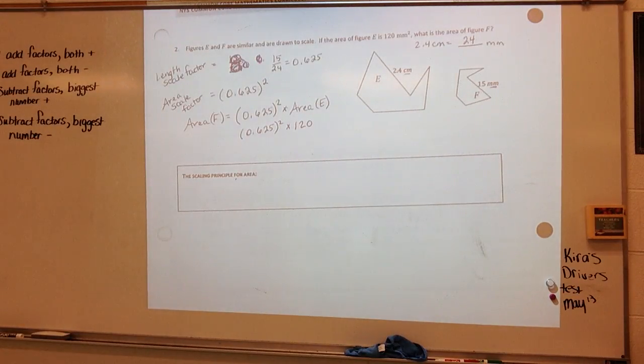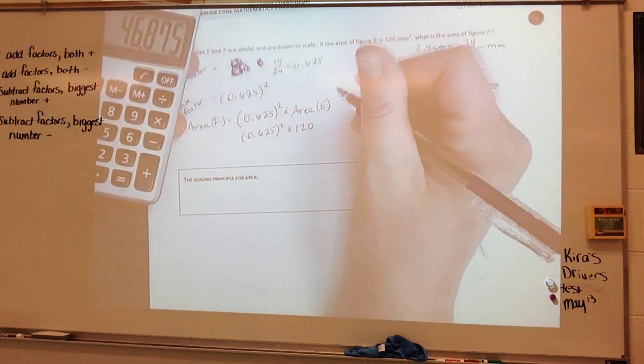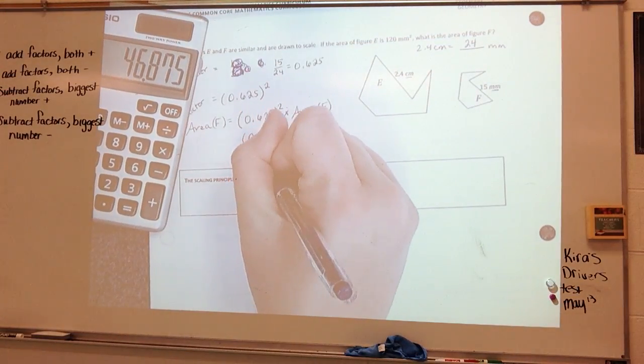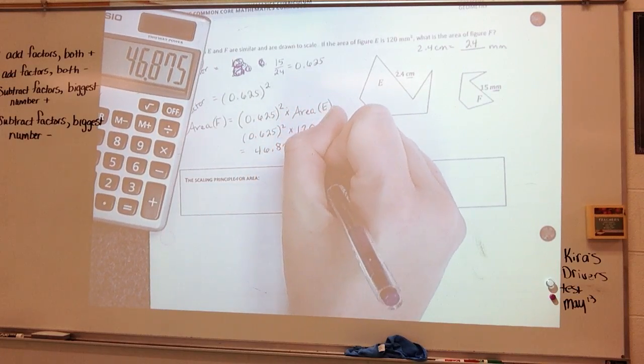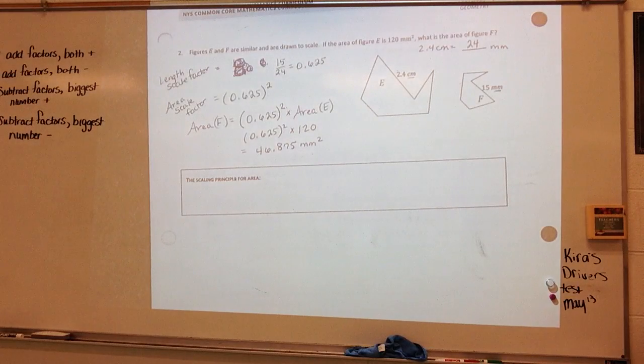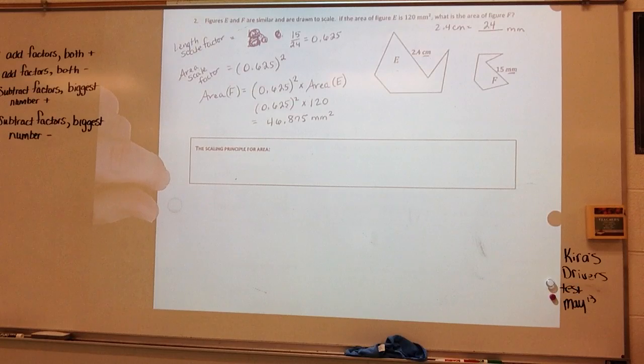So let's figure this out: 0.625 squared times 120, I get 46.875 millimeters squared.